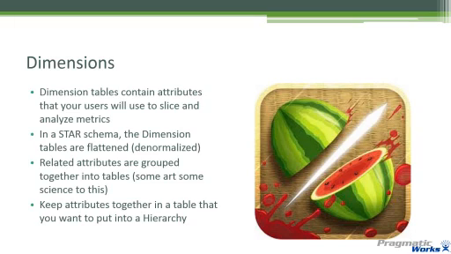We want to keep our attributes together in a table if you want to put them into a hierarchy together. So if the attributes relate enough to each other that we want to put them into a hierarchy together, and a hierarchy would be a way we can roll up our data. So within a database we have tables, and within tables we have indexes. And generally you're probably going to try and put those together into one table.